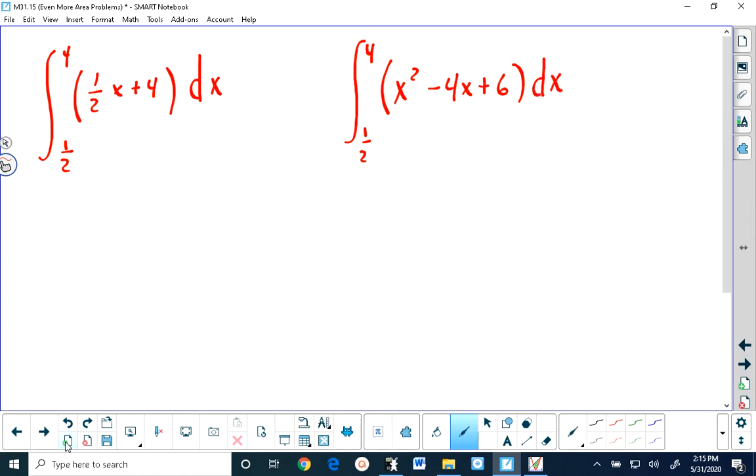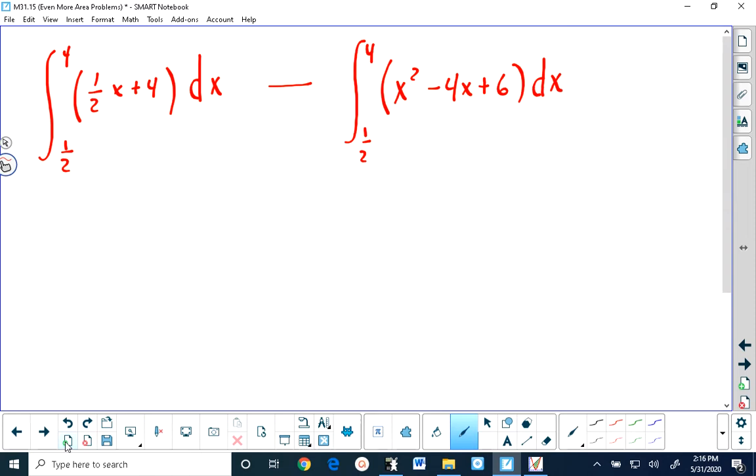And then we are going to have to subtract those two areas. Now I want you to make a note to yourself that when you evaluate the first integral, which is the first area, you are going to have to evaluate the antiderivative at 4 minus the antiderivative at 1/2.